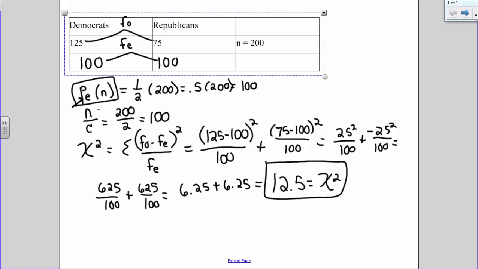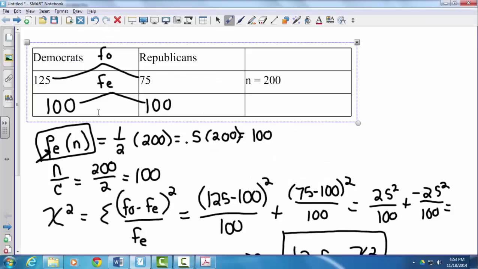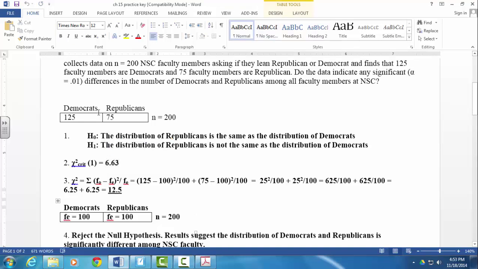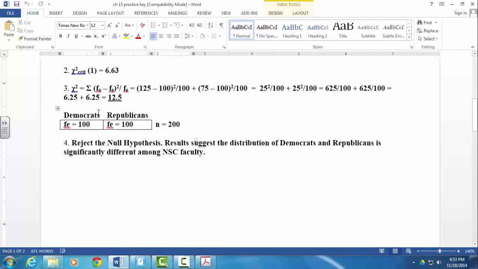Now when you take that 12.5 and you compare it to the critical value, 12.5 versus 6.63, 12.5 is much larger, so you can reject the null hypothesis.